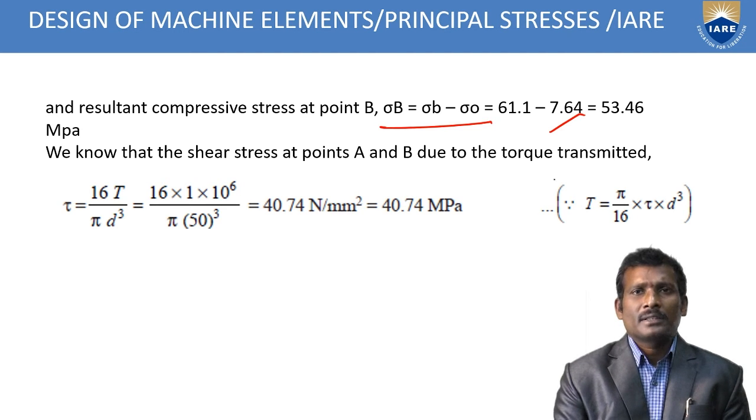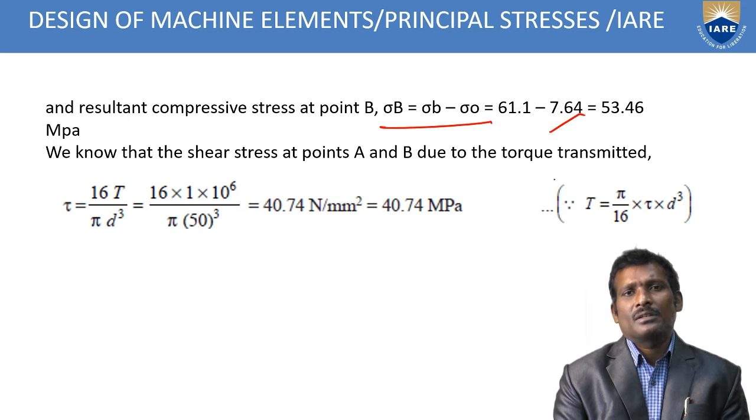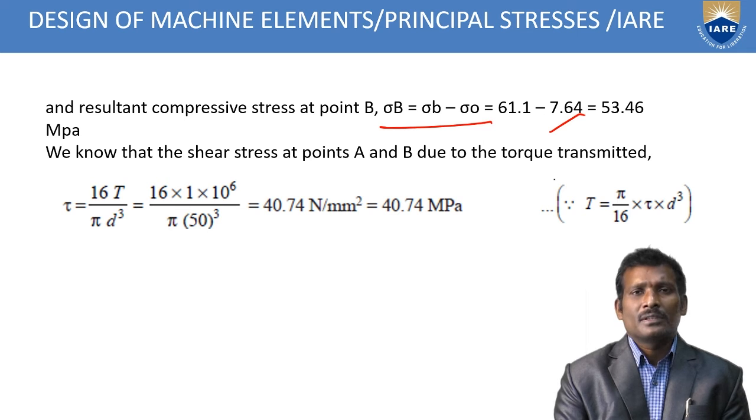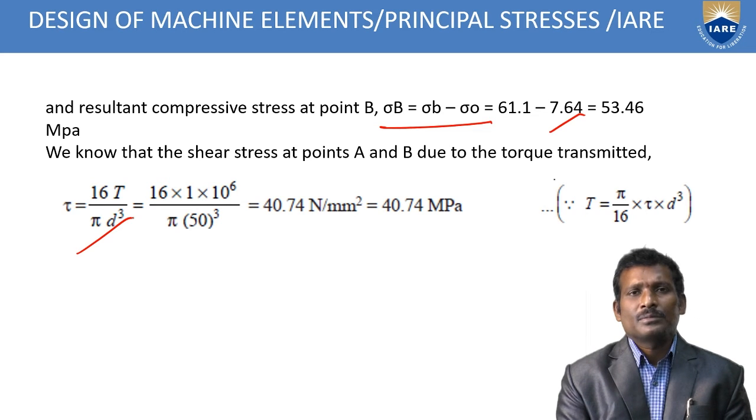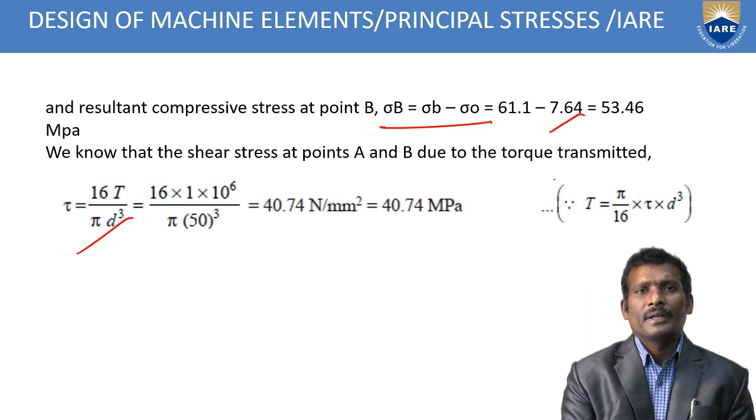So we know that shear stress at points A and B is due to the torque transmitted, that is, due to the torsion. In our problem, as shown in the figure, the shaft is subjected to torsion also. Clear? So that's why some shear stresses will be induced in the shaft. So find out the shear stress. Tau is equal to 16T by pi d cube.